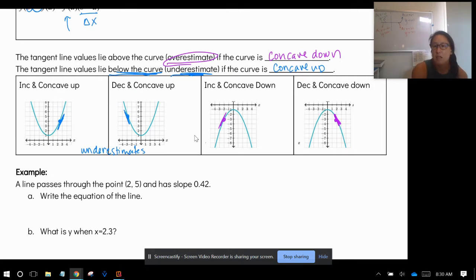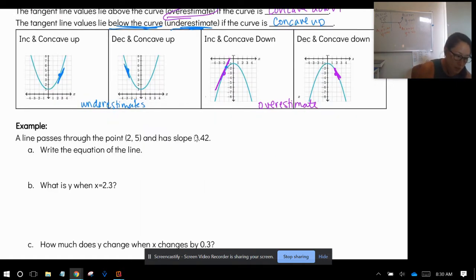If the curve is concave down, it's an overestimate. What we're estimating is the value of the curve. So if I use the tangent line to estimate, say at x equals negative 1.5, then the tangent line is going to be a little bit higher than the curve.